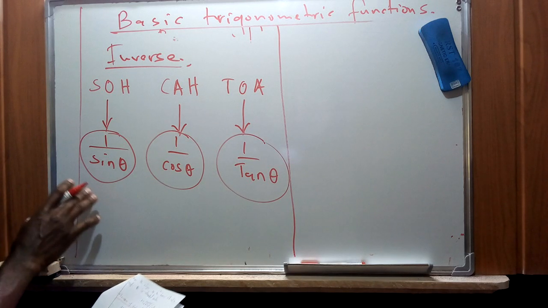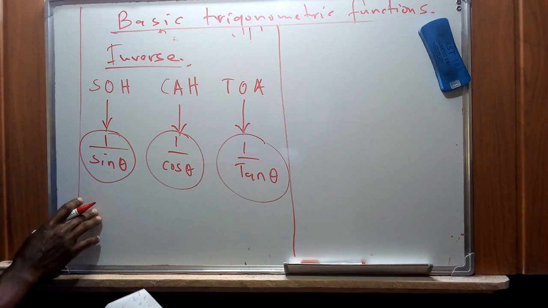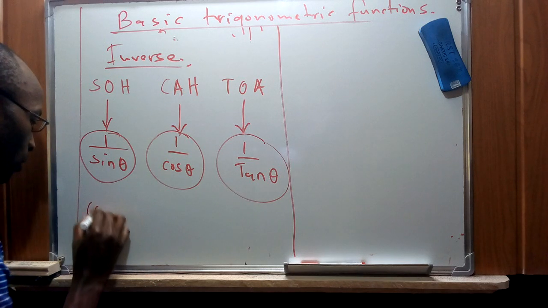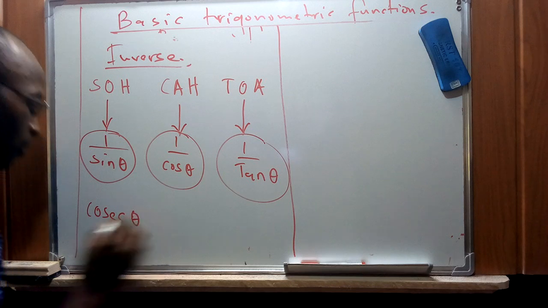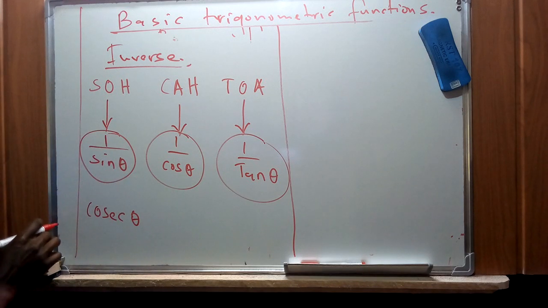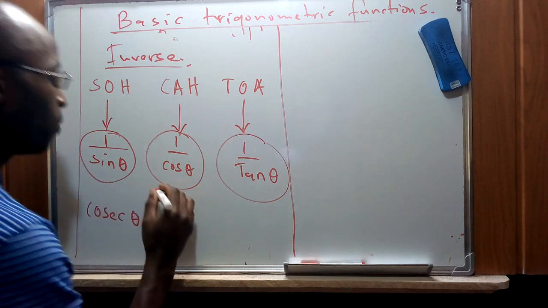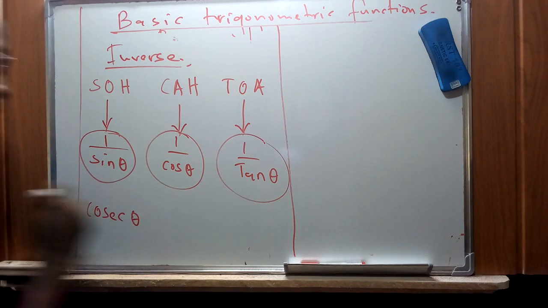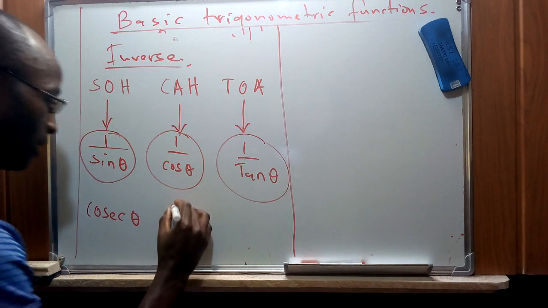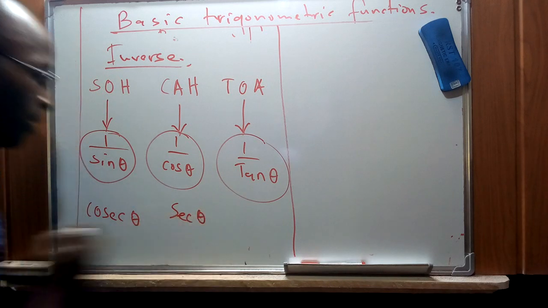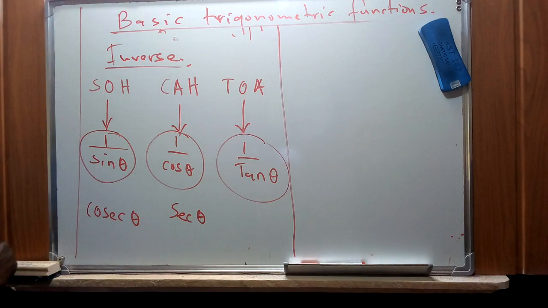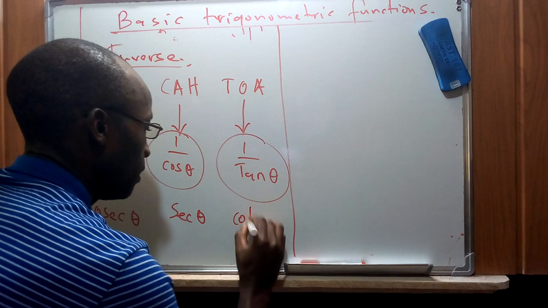The first one, for the inverse of sine, we refer to as cosec of theta. Therefore 1 over sine theta is equivalent to cosec of theta. For the second one, 1 over the cosine is referred to as the sec of theta, and 1 over the tan is referred to as the cot of theta.